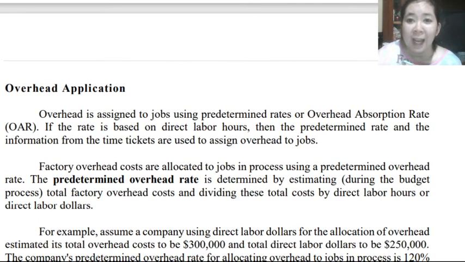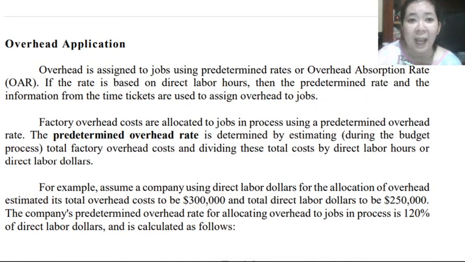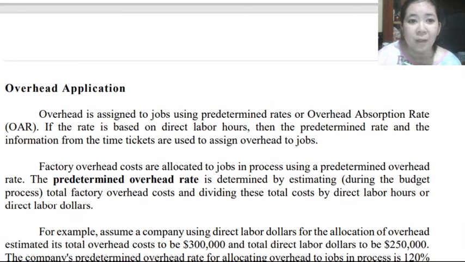And for manufacturing overhead, we have the overhead absorption rate to be used. Usually, overhead is assigned to jobs using a predetermined rate, meaning there is a basis which we can use to allocate manufacturing overhead.